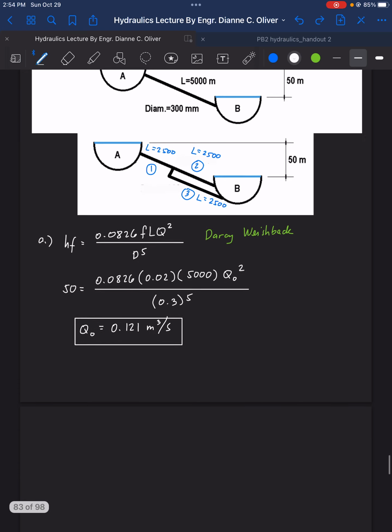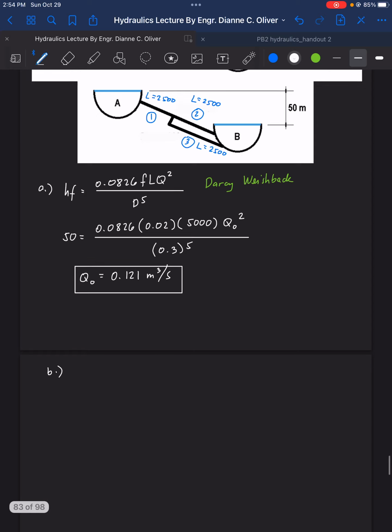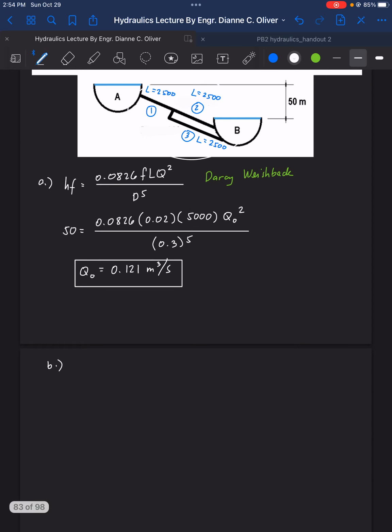So we're looking for Q sub 3 for letter B. What equation can we make out of the relationship here? Q sub 1, or the original Q, is equal to Q sub 2 plus Q sub 3, and that is equal to 0.121. That is equation number 1.